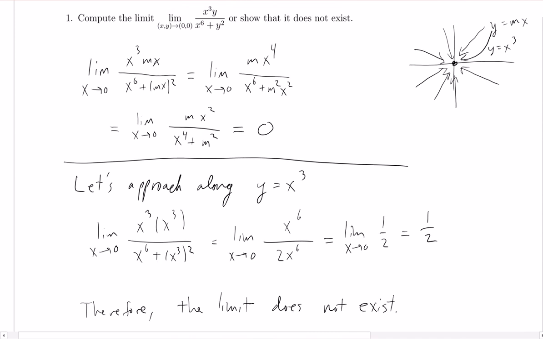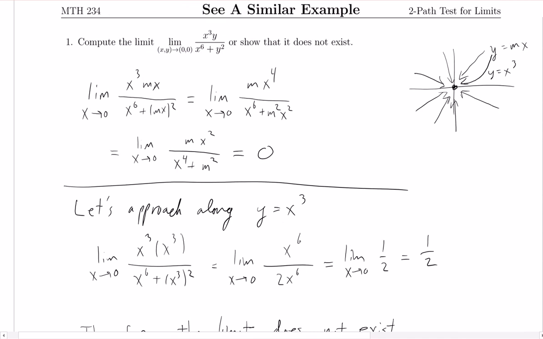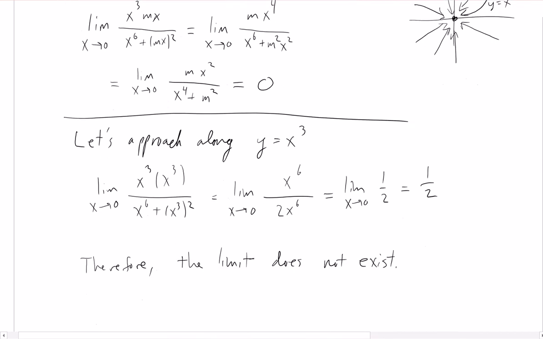If we approach along this curve y equals x cubed, we get 1/2. And if we approach along any straight line that we like, say y equals x, or y equals 0, or y equals 2x, any value of m that you would like, you get 0, which is not equal to 1/2. And so we can conclude by the two-path test that the limit does not exist.